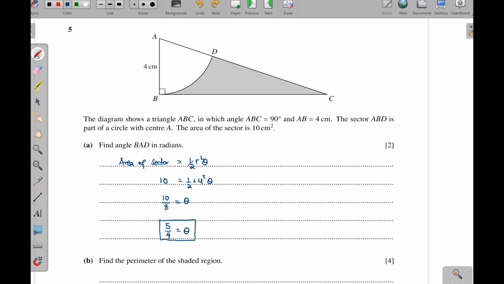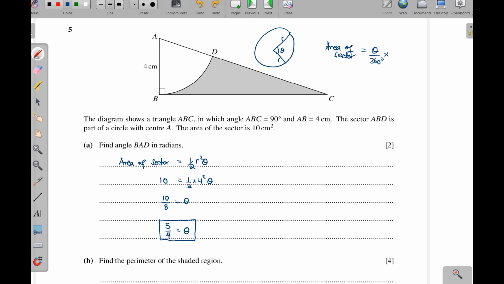This angle is already in radians because to use this formula, theta is in radians. Remember, area of a sector, we get theta out of the 360 because you're having a circle and then there is an angle subtended at the center of the circle here by this arc, okay? Then times, so we are dividing by 360 because angles at a point add up to 360, or the total angle sum in the circle is 360.